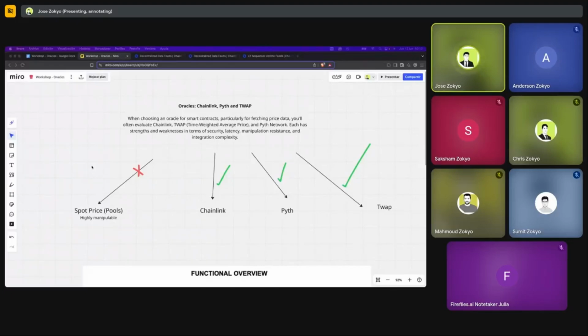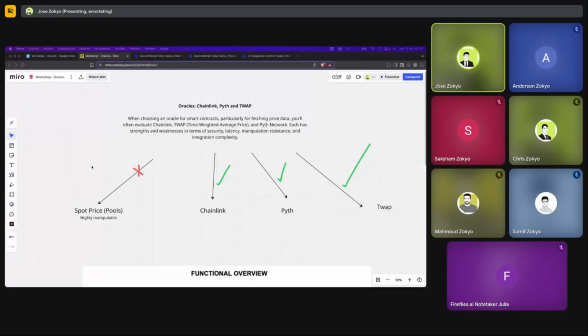So, of course, you already know that spot prices are not a good source of data because they can get manipulated, but it's something to take into consideration because there are a lot of developers that still implement this type of checks.